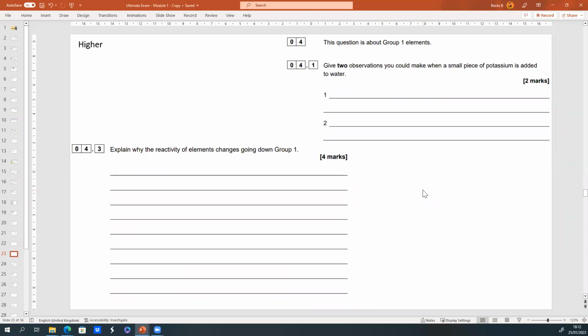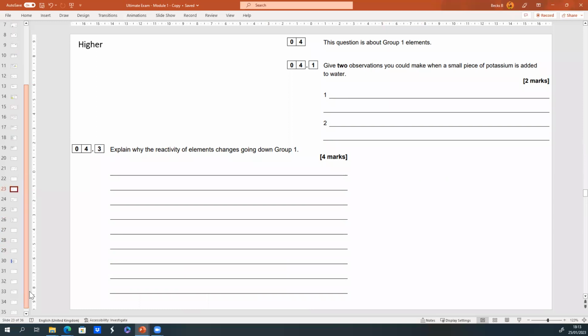Okay, so the higher end of this type of question then is about explaining why the reactivity gets higher as we go down the group. Okay, so we've already kind of covered the first part of it because we've looked at the observations, looked at what happens.